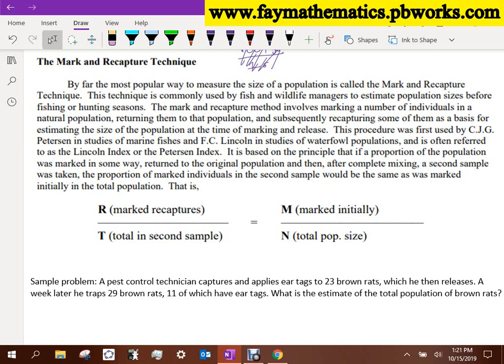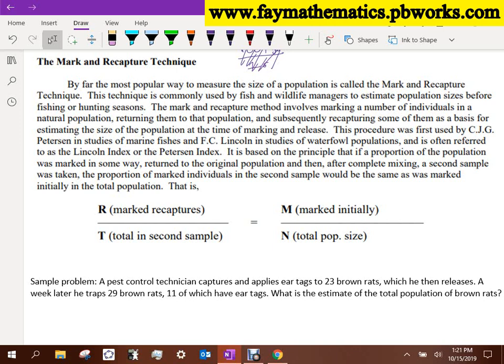Of those that they see, some of them are going to have tags on them. Does that make sense? Some of them aren't. But the ratio of the ones that have tags to the ones that they found in that second capture is proportional to how many they found initially, the 50 initially, out of the entire population.